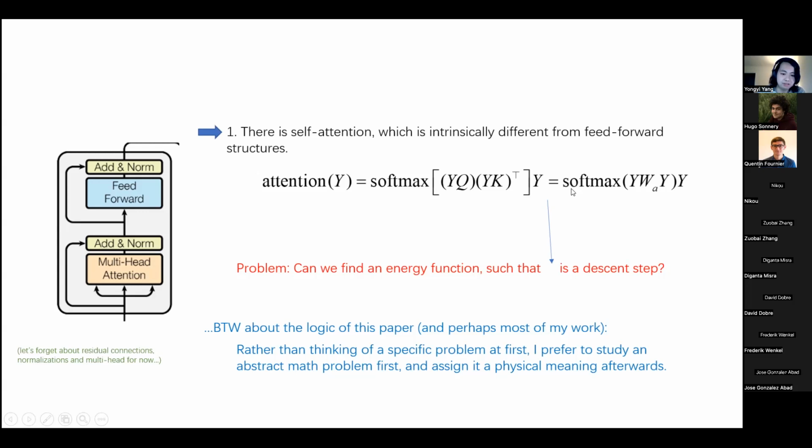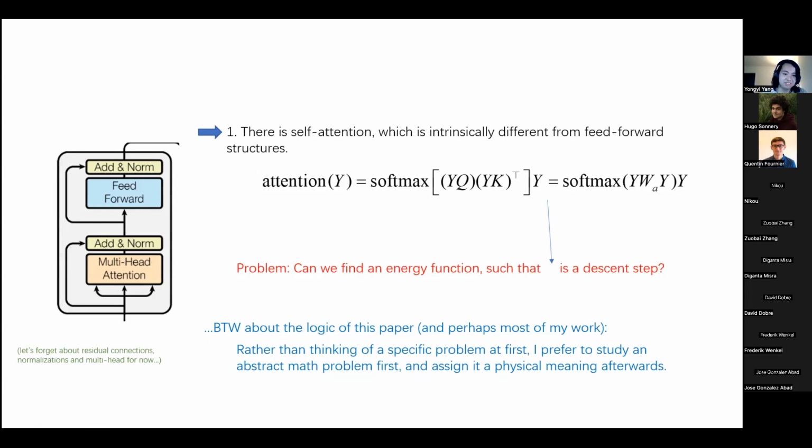Before diving into the details, I want to first mention the logic of this paper. If you want to read this paper afterwards, it might be helpful to you. Rather than thinking of a specific problem at first, what I prefer is to first study an abstract problem, where we don't design it with physical meaning.